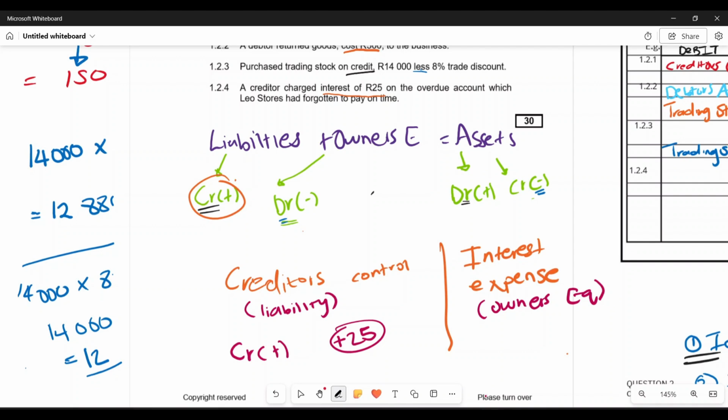Because remember, owner's equity is where you recognize your profits, right? And what do your expenses do to your profits? They decrease them. So hence this account will be debited.